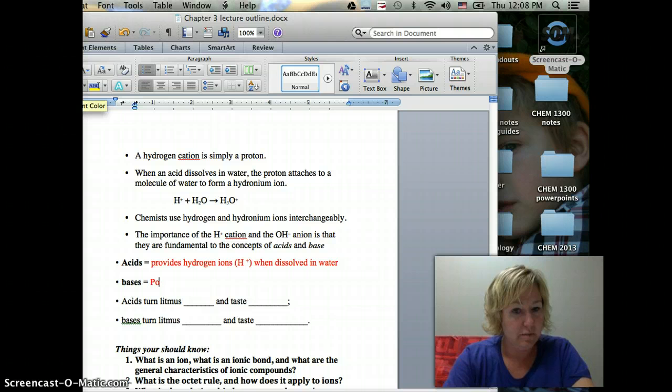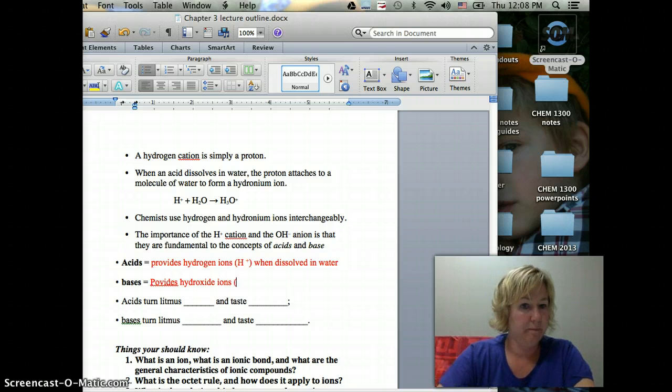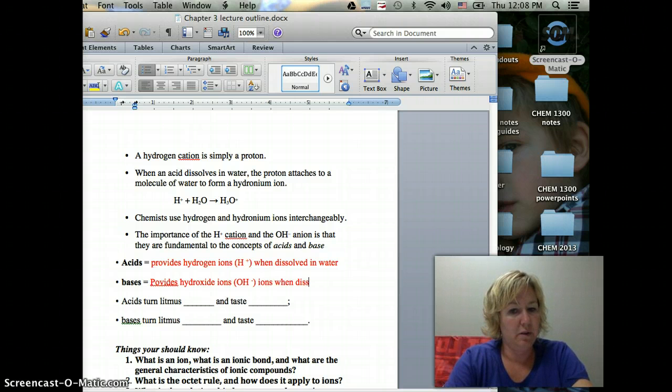So a base provides, what do you think it provides? Hydroxide ions, which is OH negative, ions when dissolved in water.